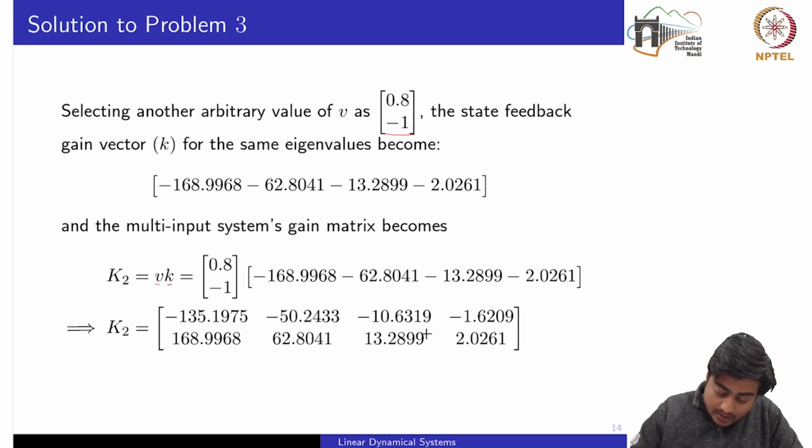So this would be another state feedback gain matrix. Again, you can compute the eigenvalues of the state feedback matrix by plugging in this K2, and you will see that all the eigenvalues are placed at the desired locations.